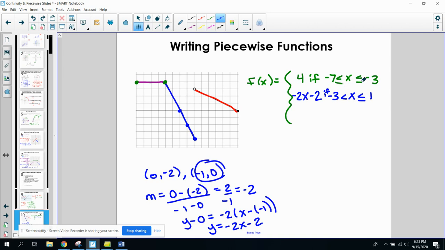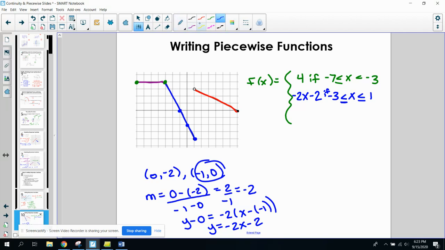Whenever you leave off on a number in the inequality and you pick back up on it in the next equation, you want to make sure that 1 is included in one and not in the other. If you wanted to make the blue one included, great, put the included here, but then in the one above it, take that one away. It does not matter. So now I'm just going to leave it like that.